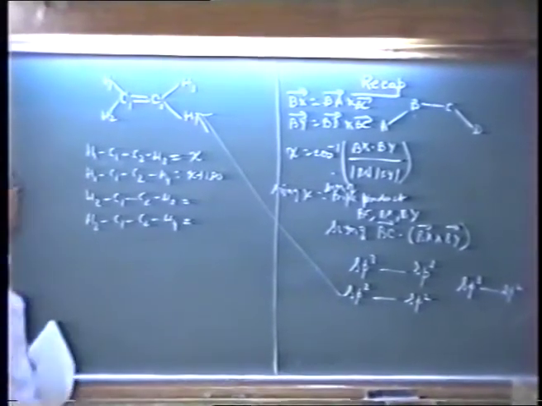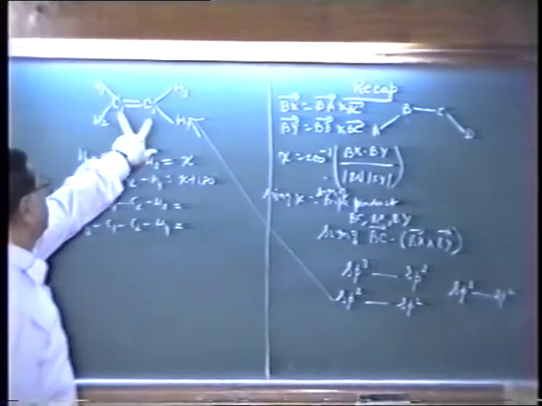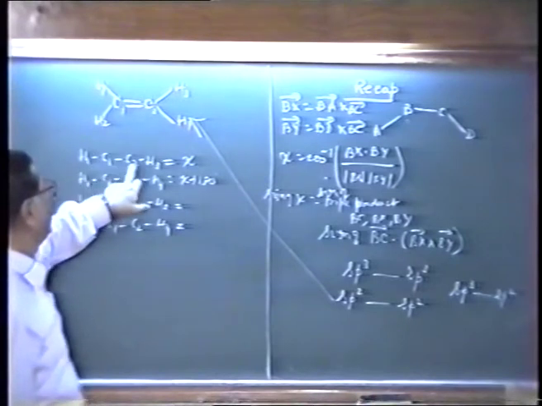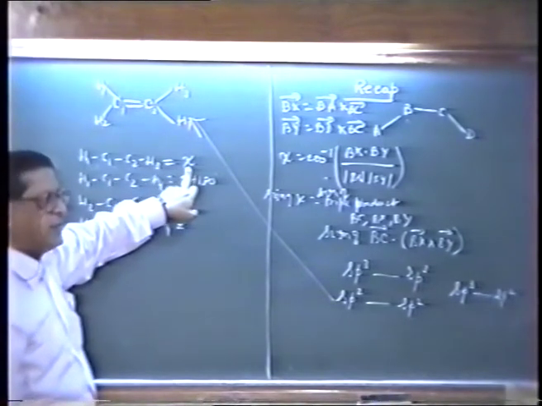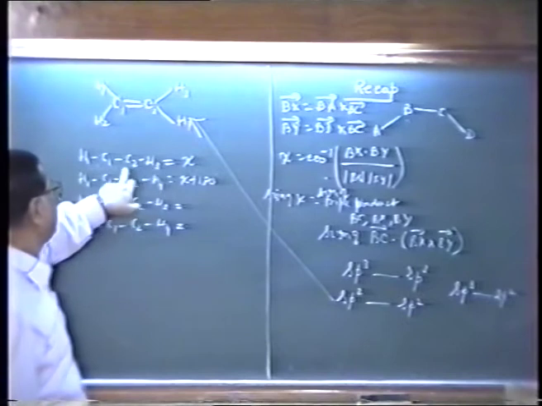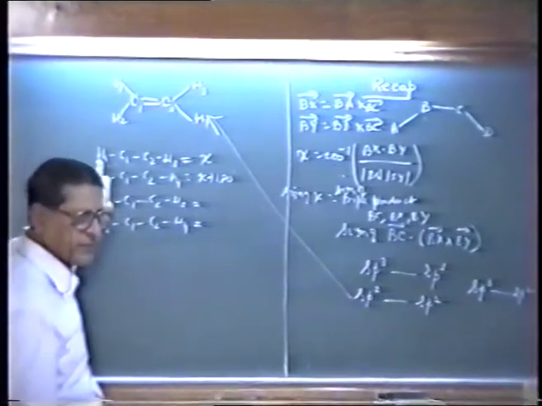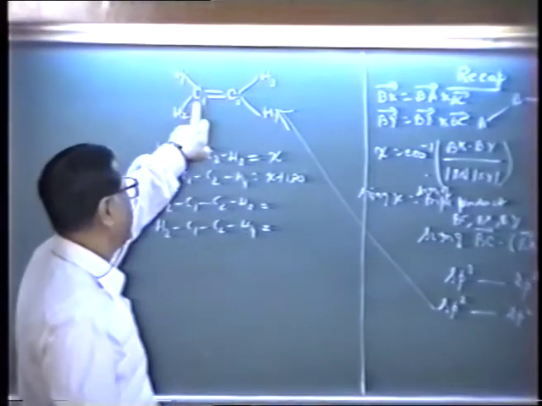How will that be? If you look at it, there is a C1, C2 bond we have taken. H1, C1, C2, H3 is chi. Therefore, H3, C2, C1, H1 is also chi. C1 is sp2.